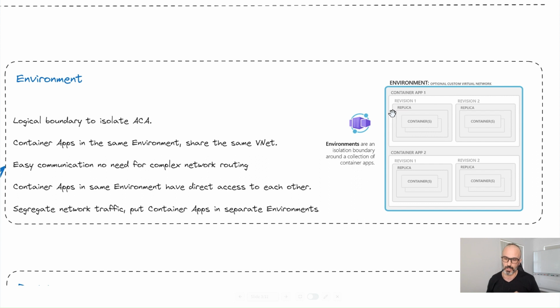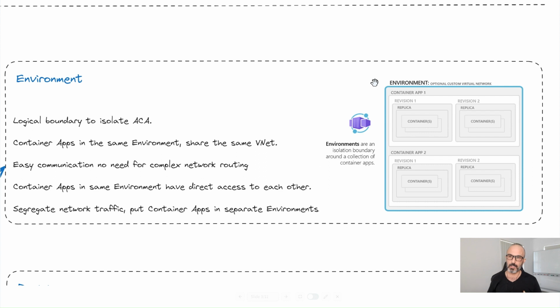And with that, the container apps within the environment would have direct access to each other. That simplifies the communication, so we don't have to create complex networking rules. The environment would take care of that.